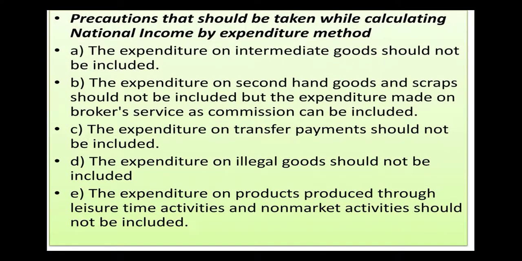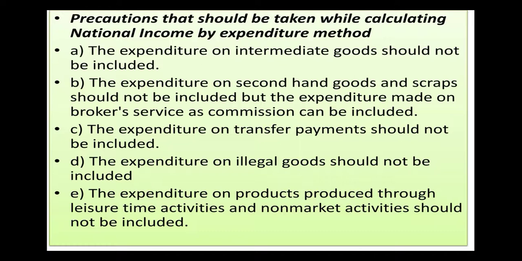Next I will explain some precautions that should be taken while calculating national income via the expenditure method. These precautions are: the expenditure on intermediate goods should not be included. The expenditure on second-hand goods and scraps should not be included, but the expenditure made on the broker service as commission can be included.